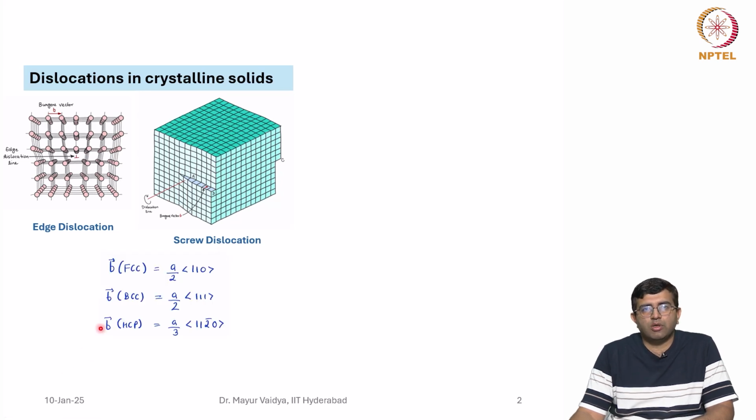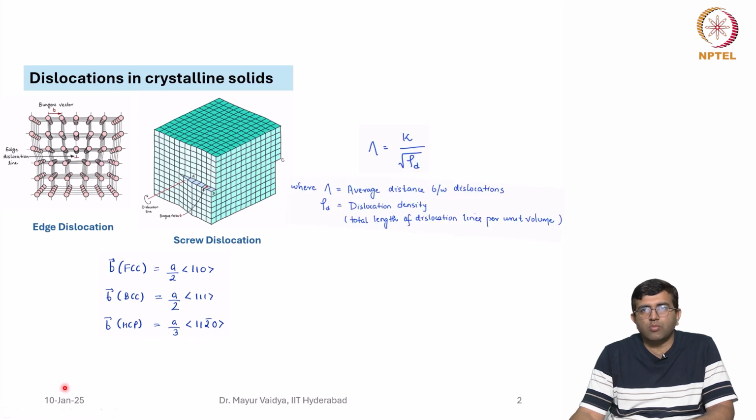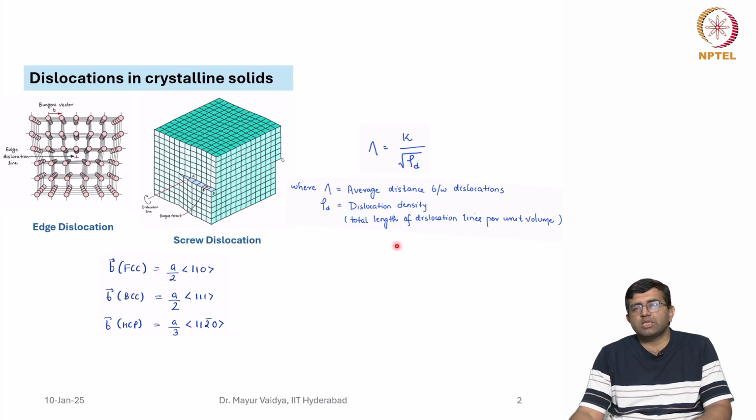The Burgers vector for, let us say, FCC can be written as a/2 <110>, for BCC a/2 <111>, for HCP a/3 <2-1-10> and so on. The average distance between the dislocations is usually written as K/√ρd, where ρd is the dislocation density. Dislocation density is nothing but the total length of dislocation lines per unit volume.